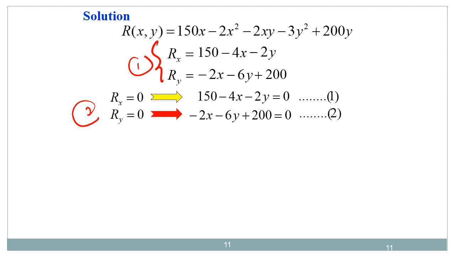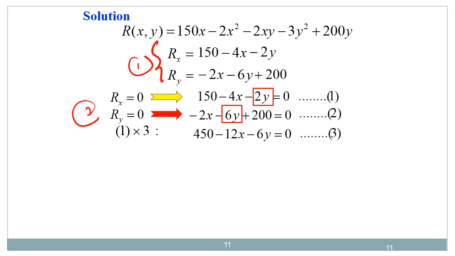Solve these simultaneously. To eliminate y, we can multiply the first equation by 3, so we get 450 minus 12x minus 6y equal to 0.